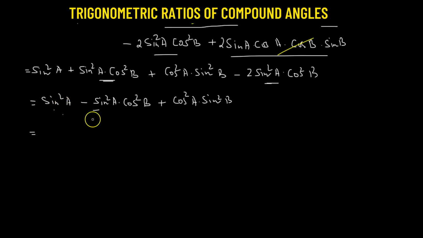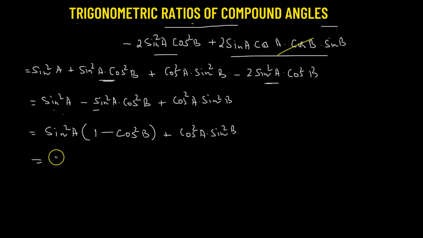Now we can see that sine squared a is common to both of them. So if we take sine squared a as the common factor, we have sine squared a multiplied by 1 minus cosine squared b plus cosine squared a times sine squared b. Now we can replace the value of 1 minus cosine squared b with sine squared b.